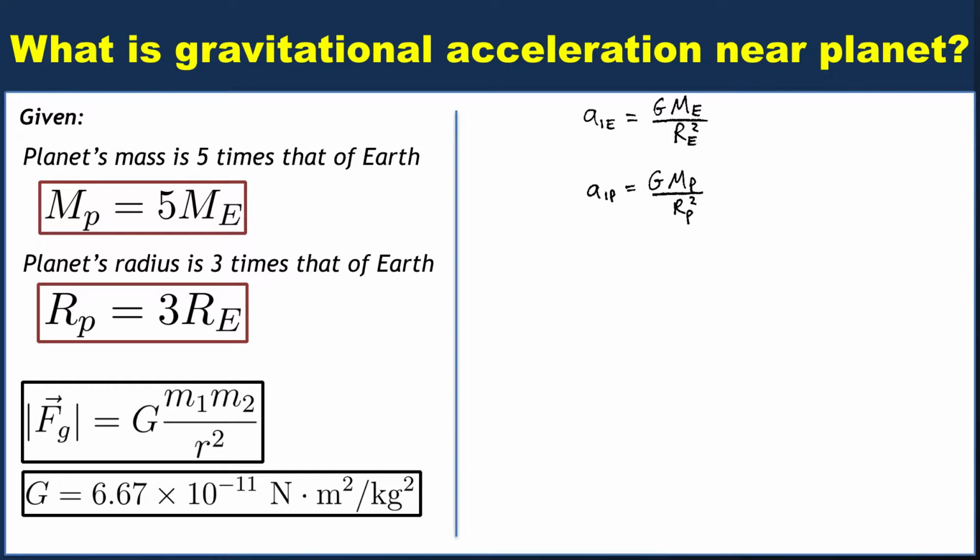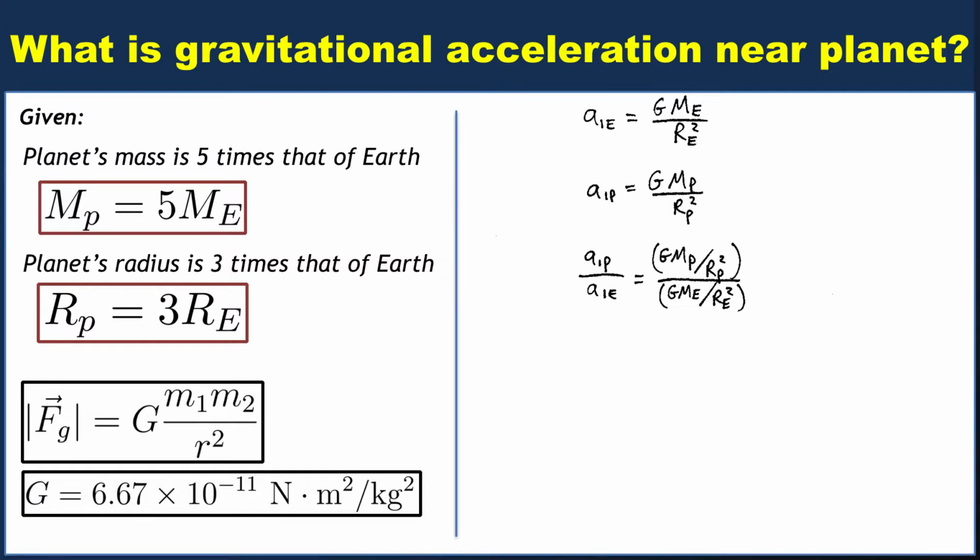Okay? We can take a ratio of these two expressions, and explicitly, I'm going to take a ratio of a1p to a1e. If I do that, the left-hand side is literally just a1p divided by a1e, and the right-hand side will be the ratio of the right-hand sides of those two equations. Now you have to be careful here. We have nested fractions, and you have to remember how these work. If we simplify this, certainly we can cancel out big G, the gravitational constant. That's in the numerator and denominator, so that goes away.